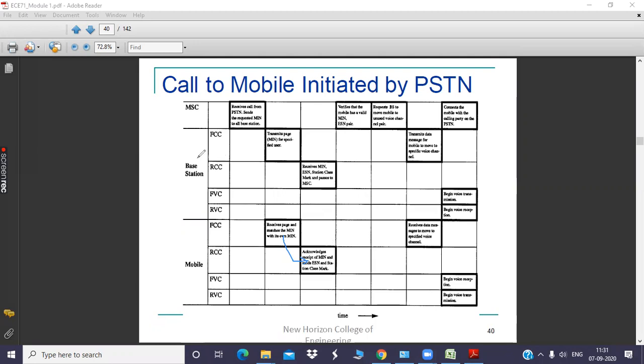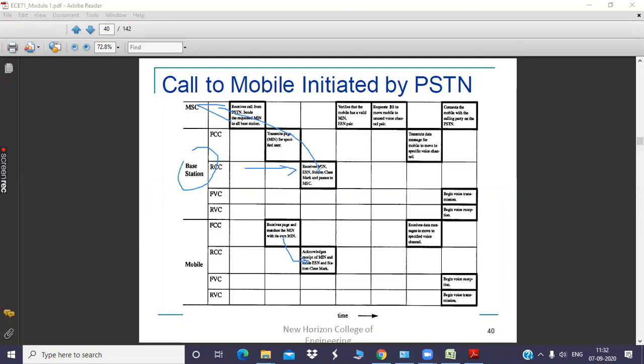Now, the base station receives MIN, then station class mark, and passes it to the MSC. So through what channel will he pass this? Through RCC. Okay, reverse control channel. Initially it was done with the forward control channel. Now reception is being done by the reverse control channel. You know the difference between RCC and FCC?